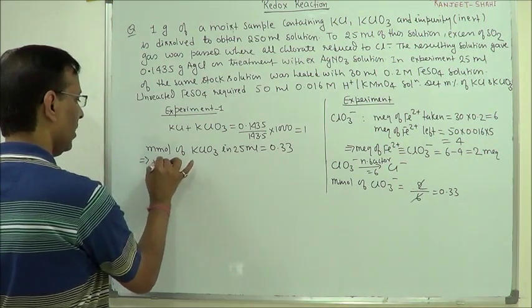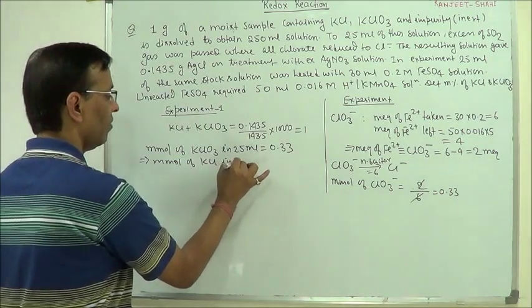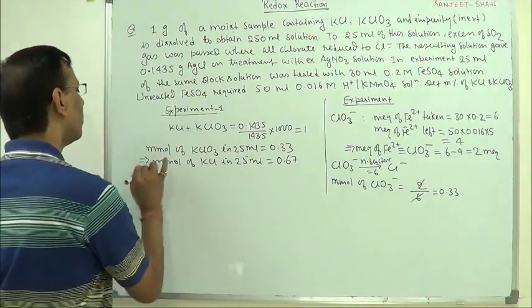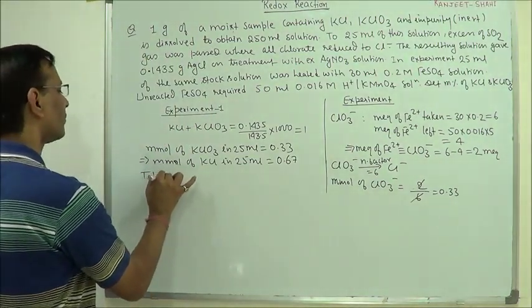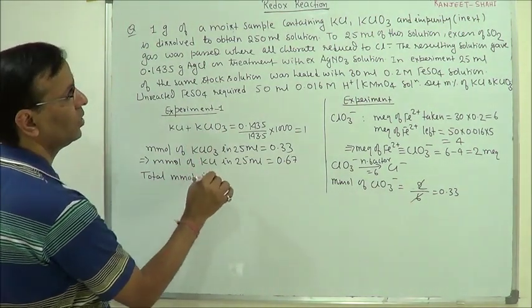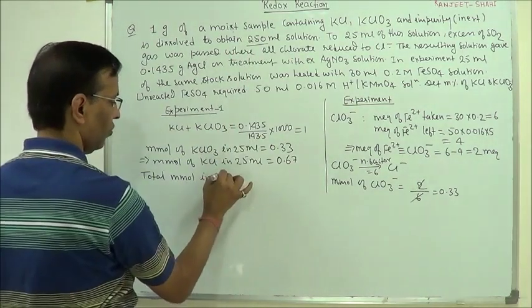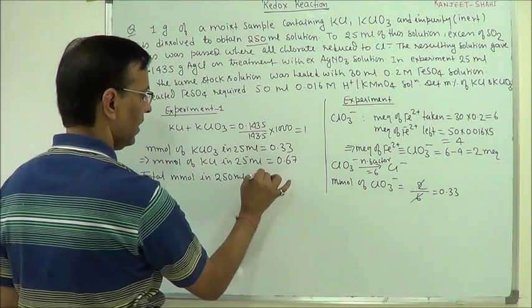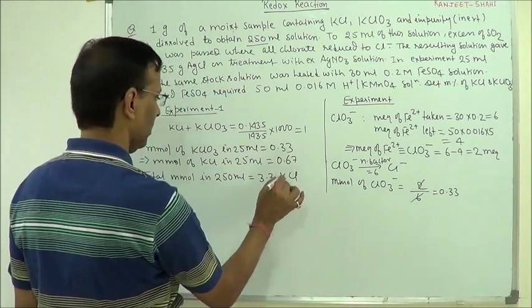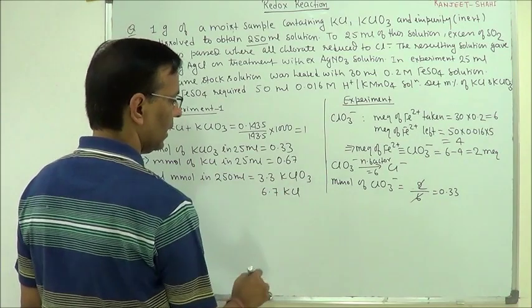Therefore millimole of KCl in 25 ml will be 0.67. So total millimole in 250 ml will be 3.3 KClO3 and 6.7 KCl.